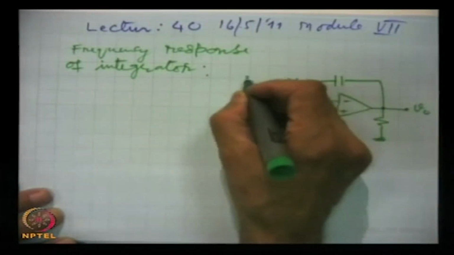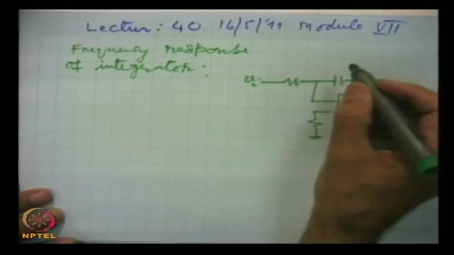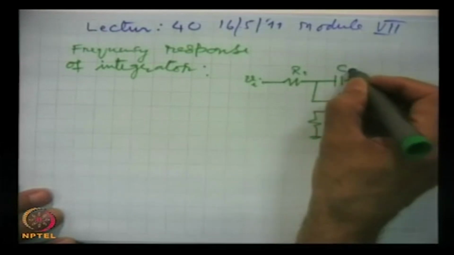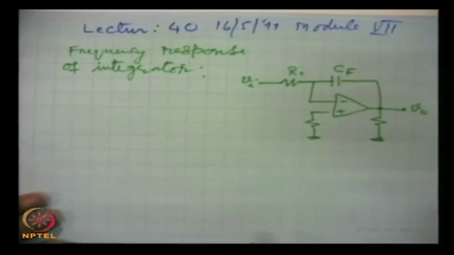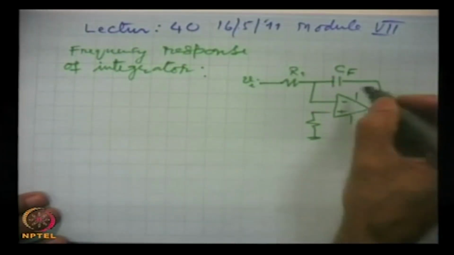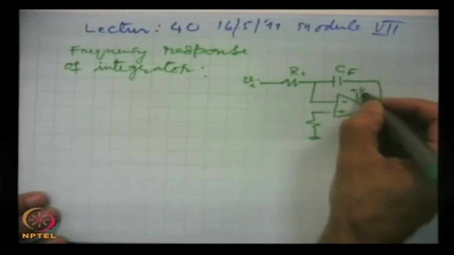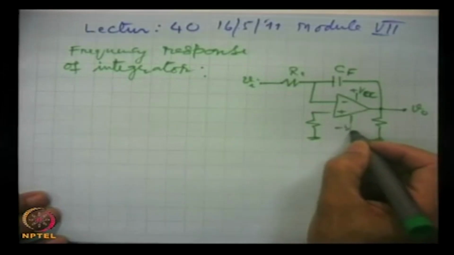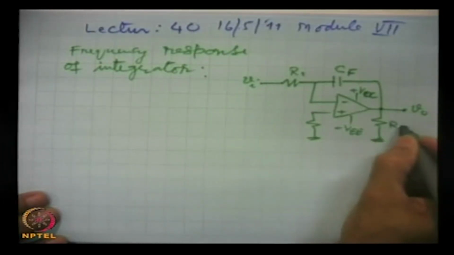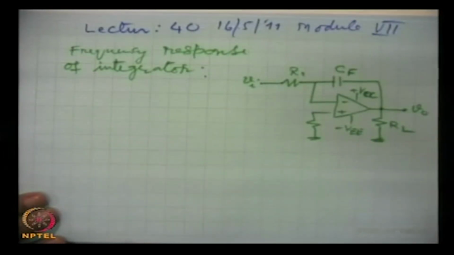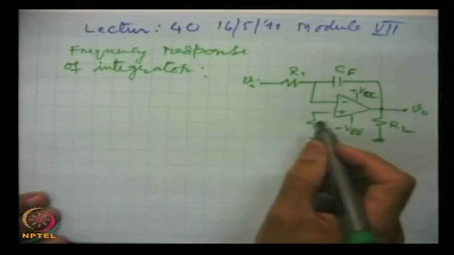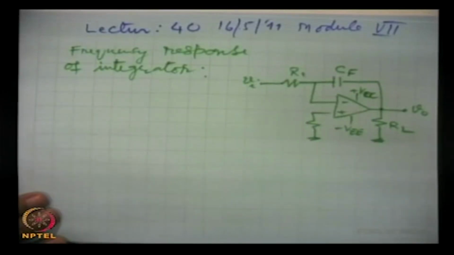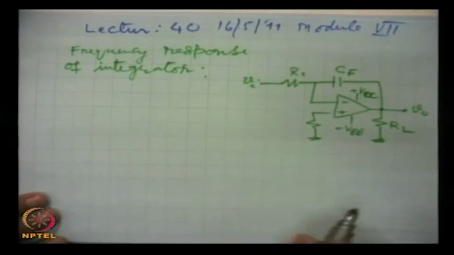This is the input signal Vi and resistance R1, capacitor Cf, and of course the power supply is there. This is the load resistor across which we take the output, and this is to reduce the offset effects. About offset effects we will definitely talk.